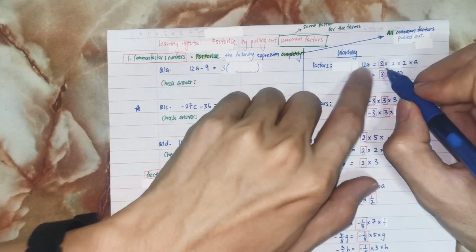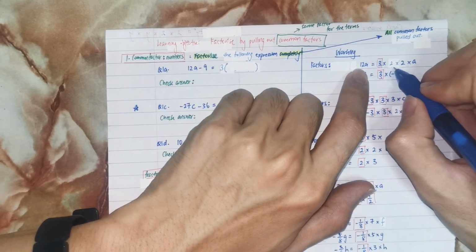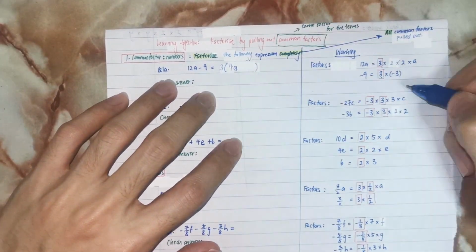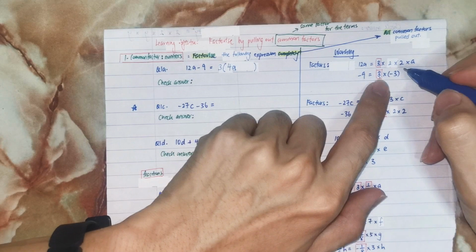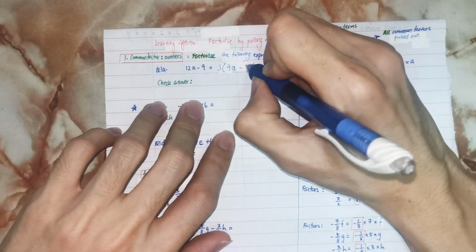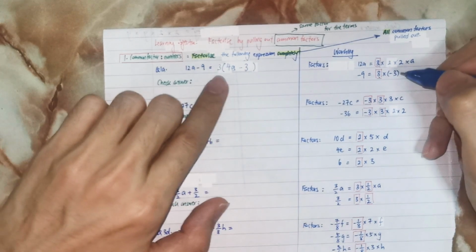Since I pull out 3 from 12A, I'll be left with 2 times 2 times A, which in this case is 4A. And once I pull out 3 from negative 9, I'm left with negative 3. So I write negative 3 here. This is how I factorize it.